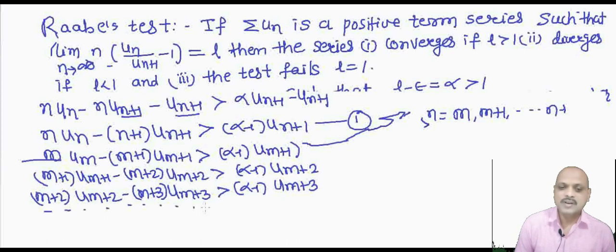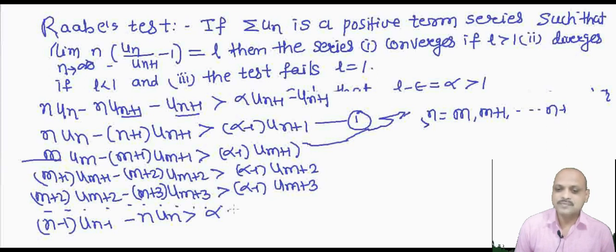Continuing, we put the last one, n equal to n minus 1, and hence this will be (n minus 1) into un minus 1 minus n into un is greater than (alpha minus 1) into un.